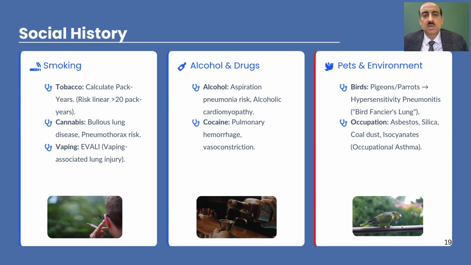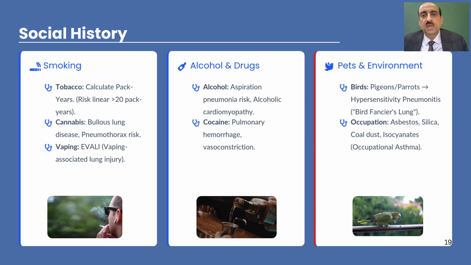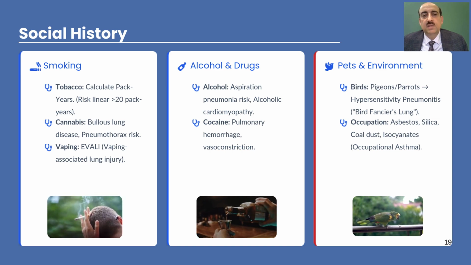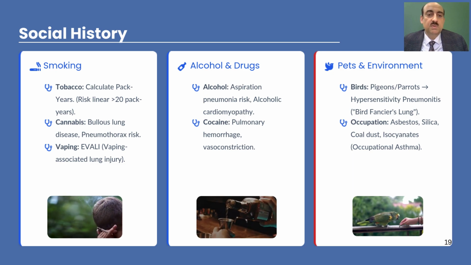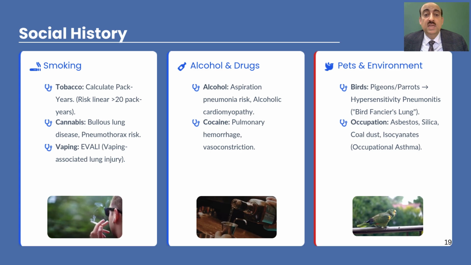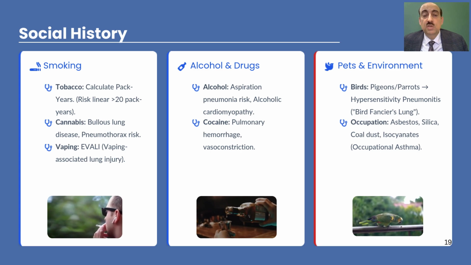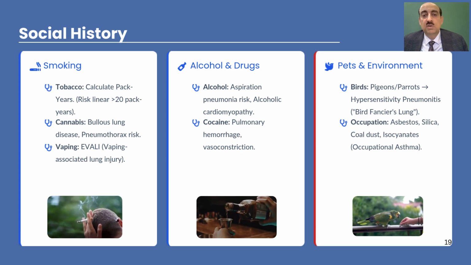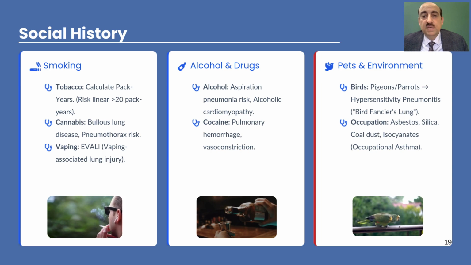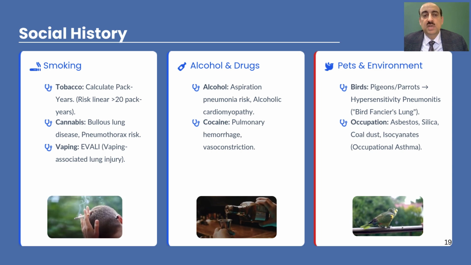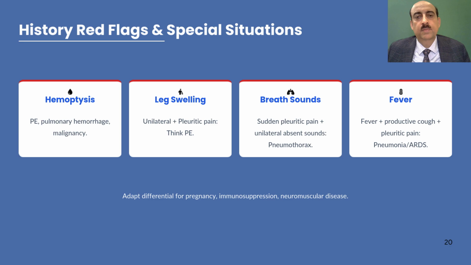Aspiration pneumonitis, and alcoholic cardiomyopathy can lead to heart failure, so it has relevance. We don't think to attribute alcohol to respiratory problems, but it can. Cocaine can lead to pulmonary hemorrhage and vasoconstriction, so acute history of cocaine ingestion can also cause problems. Pets and environment we discussed before, so occupational history and pets are really crucial in assessing dyspnea.